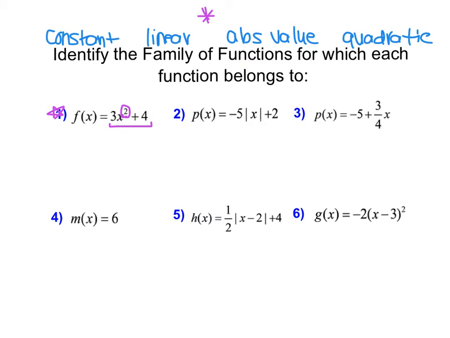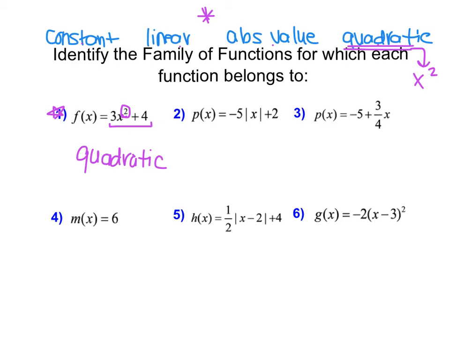And if I look at all 4 of these function families and their function equations, what I notice is that the quadratic function, that one also has an x squared. So when you see an equation with an x squared in it, and the squared is the highest power that you can see, you can automatically assume that this is a part of the quadratic family.